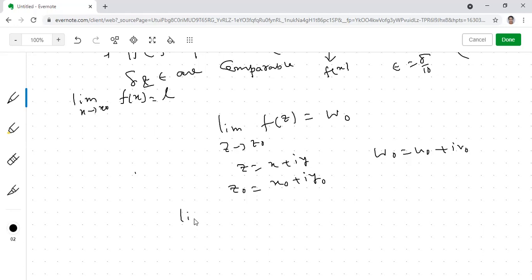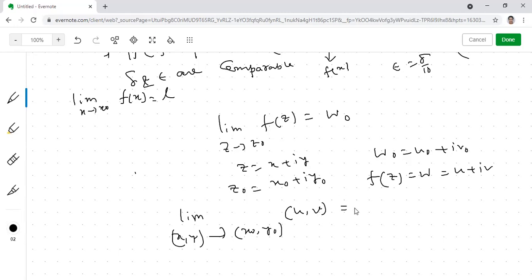Since both z and w are functions of two variables, we can write z in the form (x0, y0). f(z) means actually w, that is u plus iv, so that is (u, v) equals (u0, v0). Then we say that the limit exists. So what will be the definition? The same thing we can apply over here.